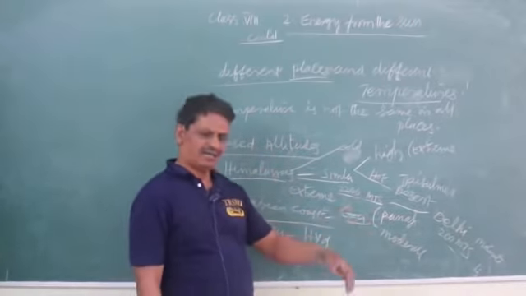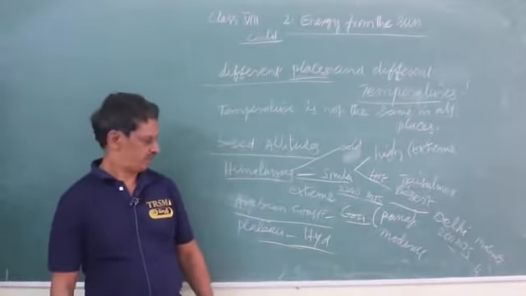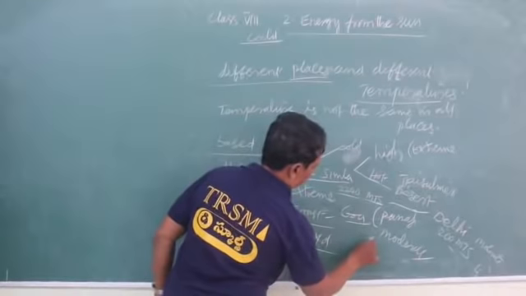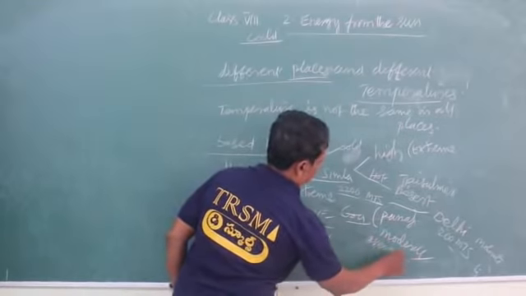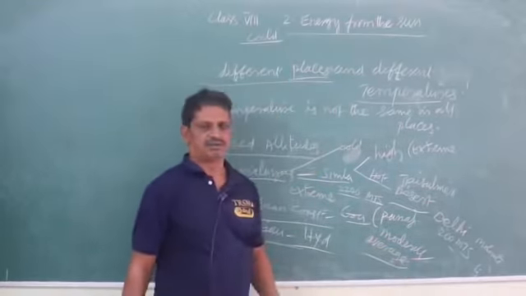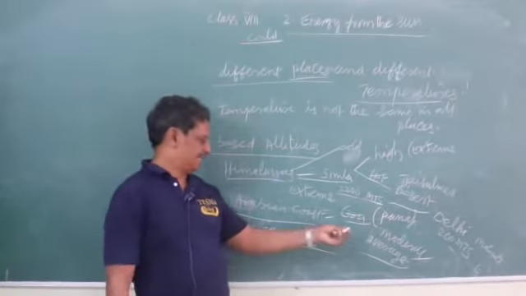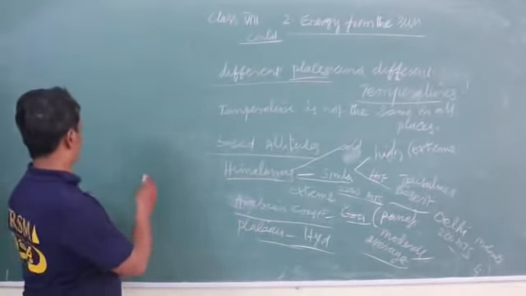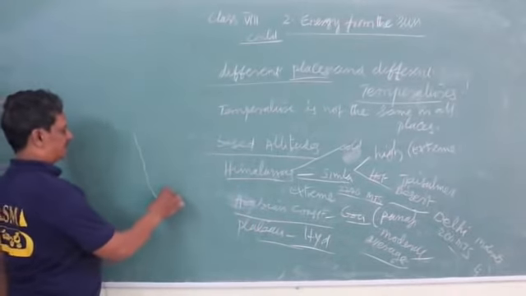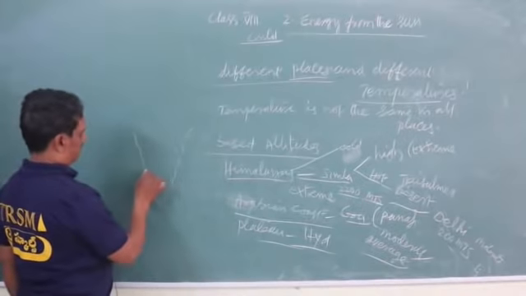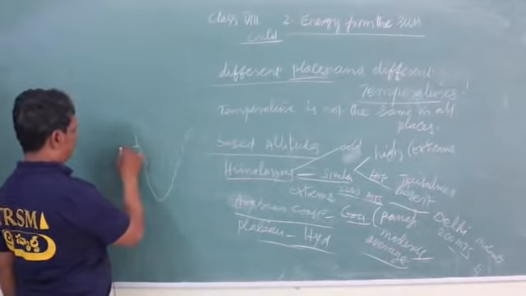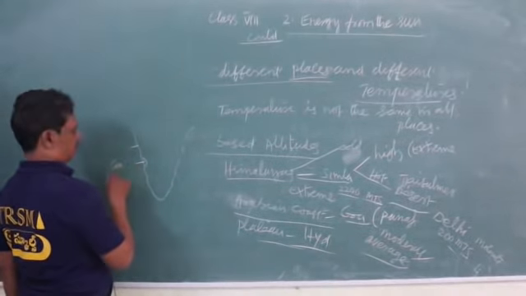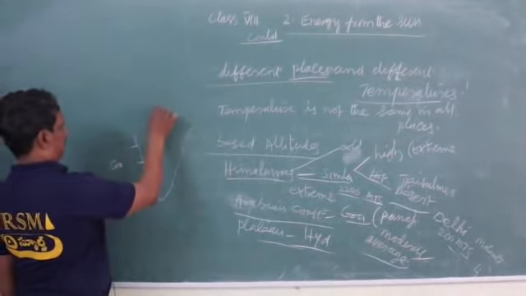Why moderate in Goa? Average temperature. Why is it average? Because Goa lies on the Arabian coast. I will show you that. If you draw a map like this, where is Goa? This is Delhi.